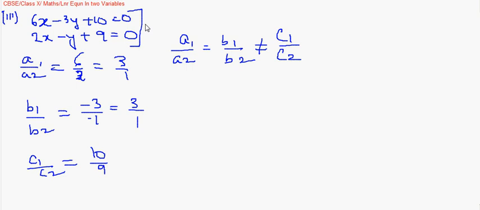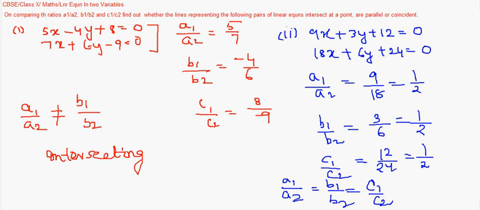In this case, this one is inconsistent because we are not getting any solution. And for the previous two examples, the intersecting one is consistent, and the coincident one is also consistent because you will be getting many solutions to it.